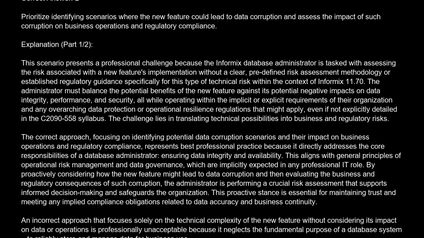By proactively considering how the new feature might lead to data corruption, and then evaluating the business and regulatory consequences of such corruption, the administrator is performing a crucial risk assessment that supports informed decision-making and safeguards the organization. This proactive stance is essential for maintaining trust and meeting any implied compliance obligations related to data accuracy and business continuity.